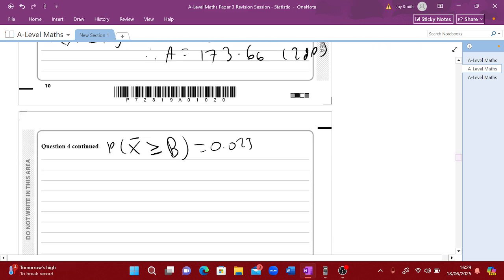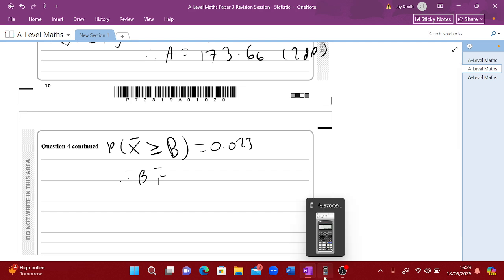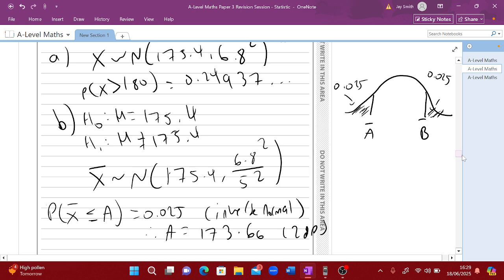Again we can use inverse normal, but this time the inverse normal only works for less than or equal to.